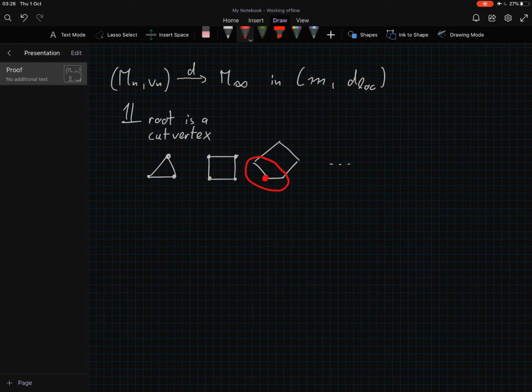That is, although none of these cycles has a cut vertex, the limit is a doubly infinite path and has the property that all of its vertices are cut vertices.